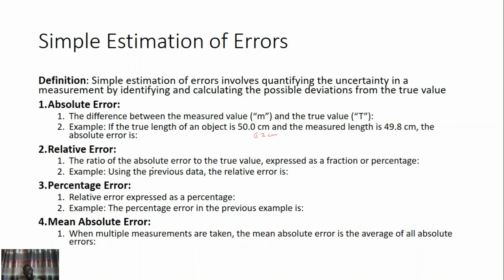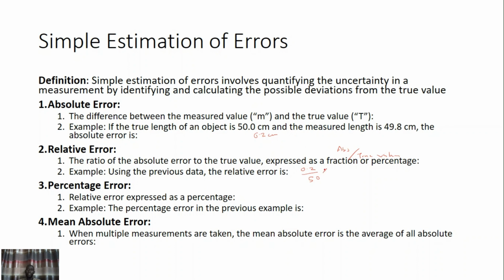Relative error is the ratio of the absolute error to the true value, expressed as a fraction or percentage. So relative error is absolute error divided by true value. If you want to calculate the relative error for the previous example, that will be 0.2, which is the absolute error, divided by 50 centimeters, which is the actual value of the distance measured.